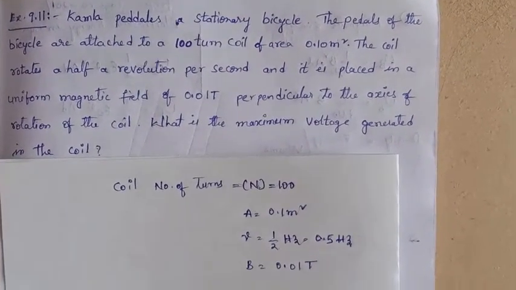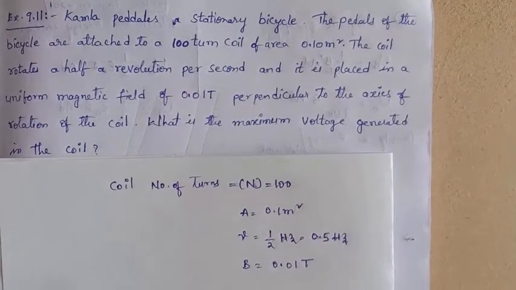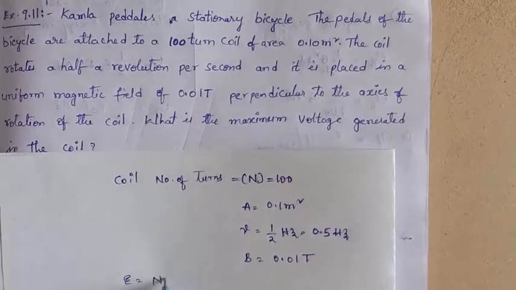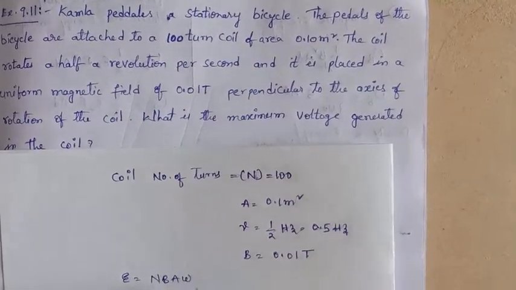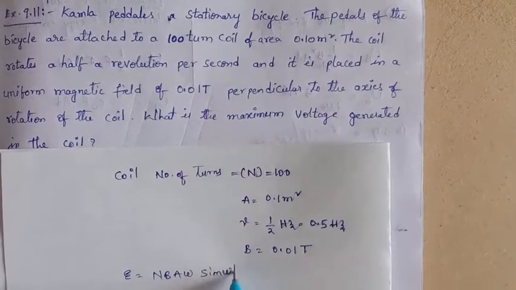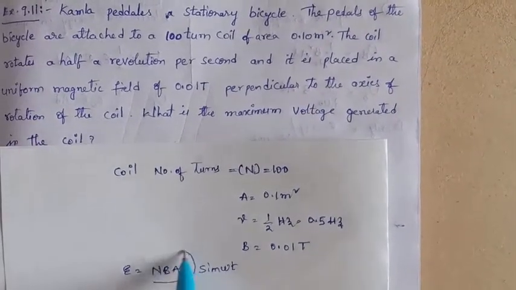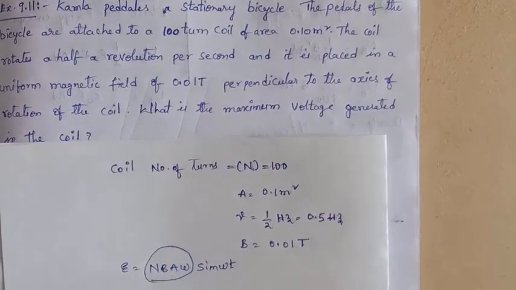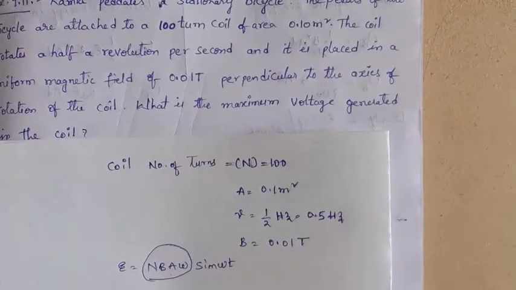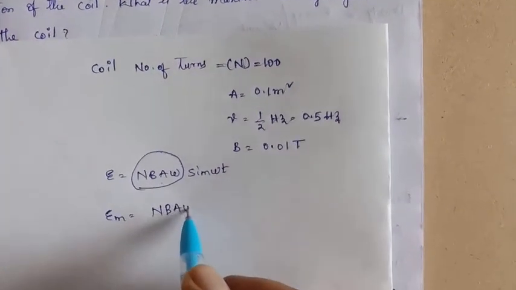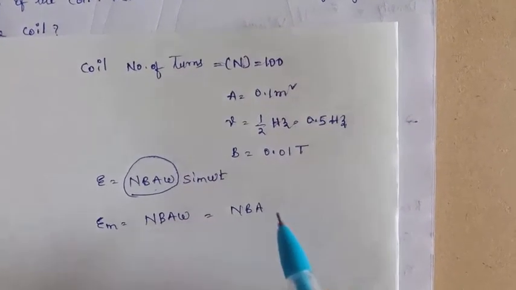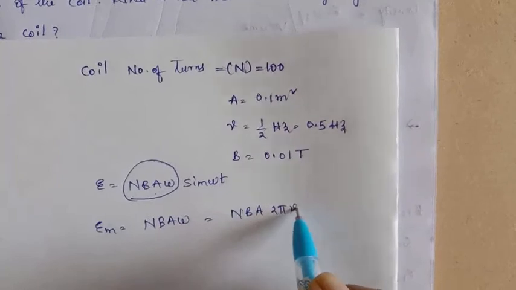So when a coil is rotated in a uniform magnetic field, the induced EMF is equal to NBA omega sin omega t. But this is the maximum when the sine function becomes one, at that time the maximum EMF is equal to NBA omega. Omega means 2 pi nu.